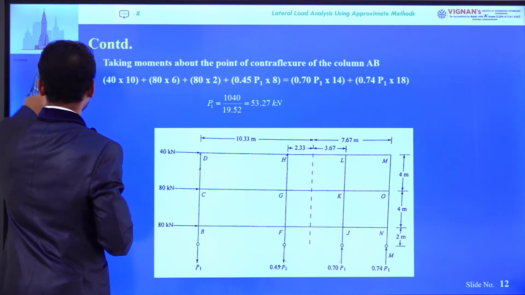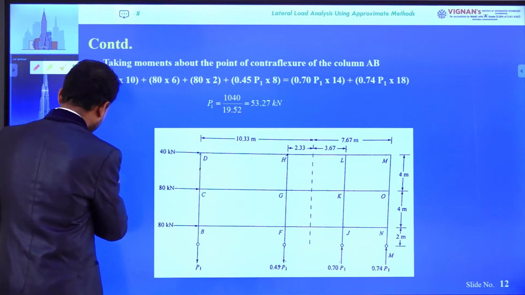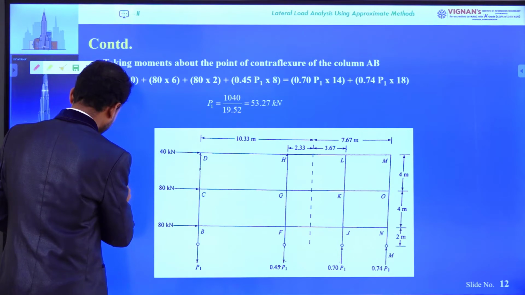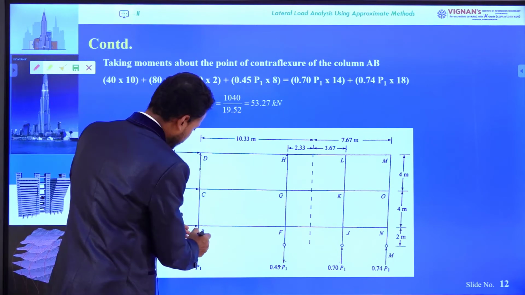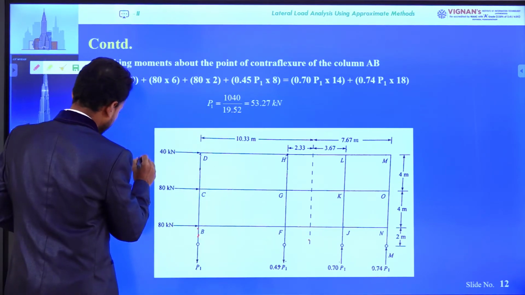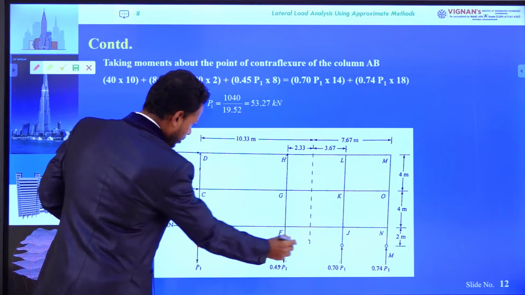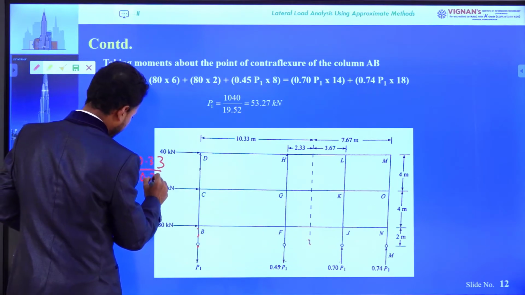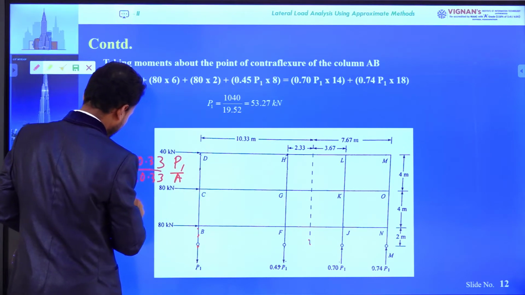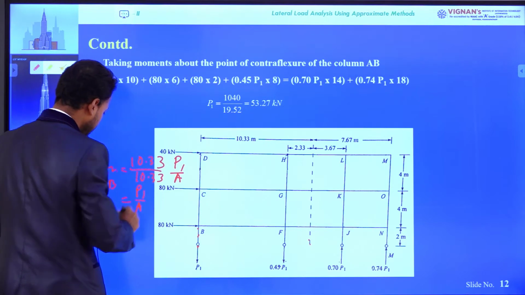So I will write the stress in AB equals to, the distance between this point to this point is 10.33 and the distance between this point to this point also 10.33, and P1 by A. So ultimately we will have P1 by A. This is the stress in AB.